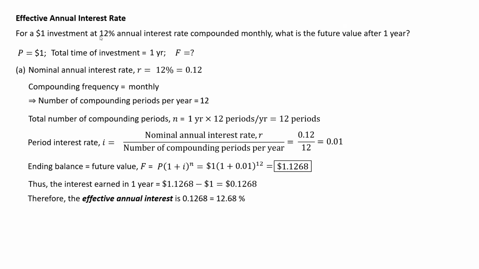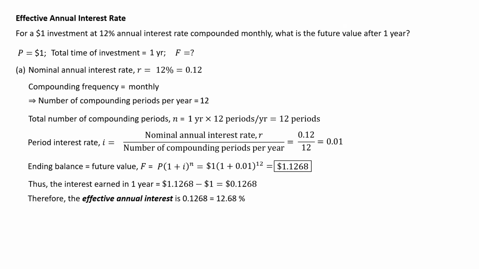Now, they would be truthful if they said our interest rate is 12% annually and we are compounding every year. Then what is your effective interest? 12%. But if you're compounding monthly, then the annual interest stated here is not the actual annual interest rate. That is the effective annual interest rate. For all practical purposes, you are paying 12.68%.